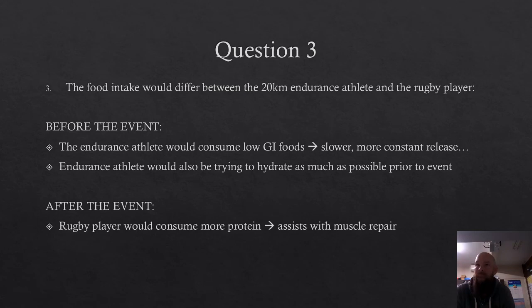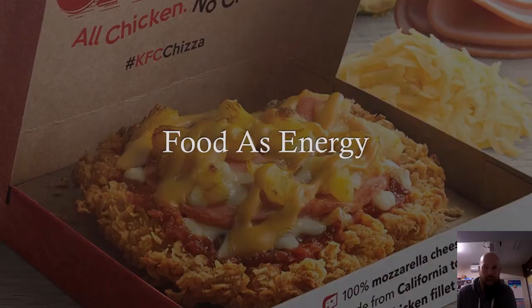They will probably have foods after the event that fall into the high GI category to restore any carbohydrates that have been lost as a result of the game. The marathon runner or the endurance athlete will also do that because the body is more willing to accept the foods that are high GI, and it'll kickstart the whole recovery process. So there are your answers there.